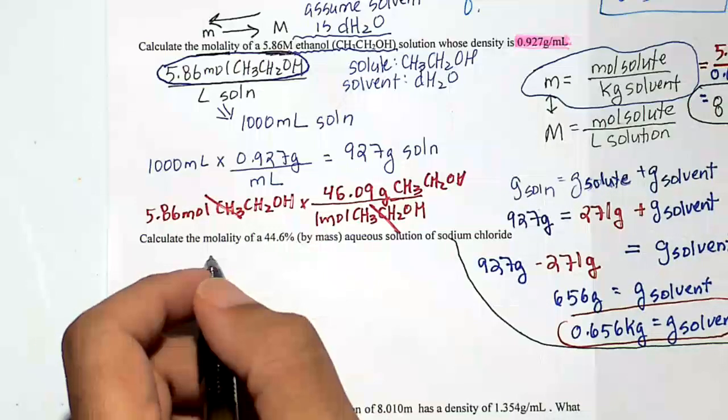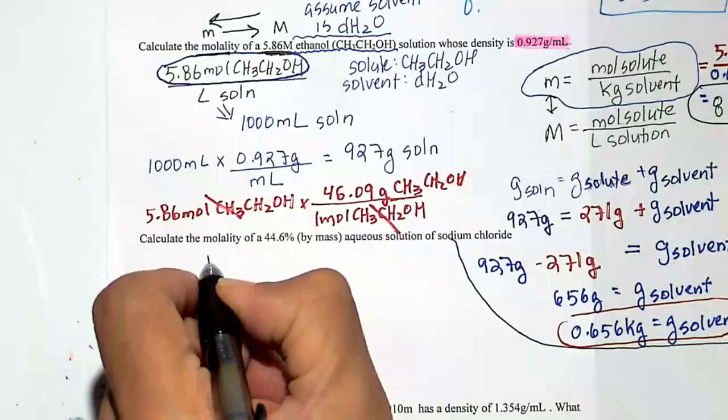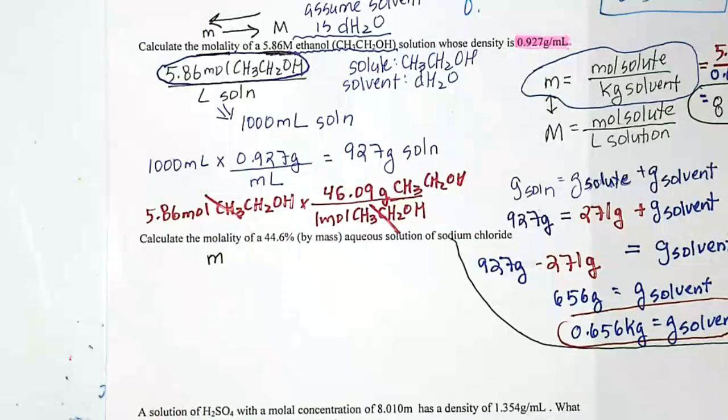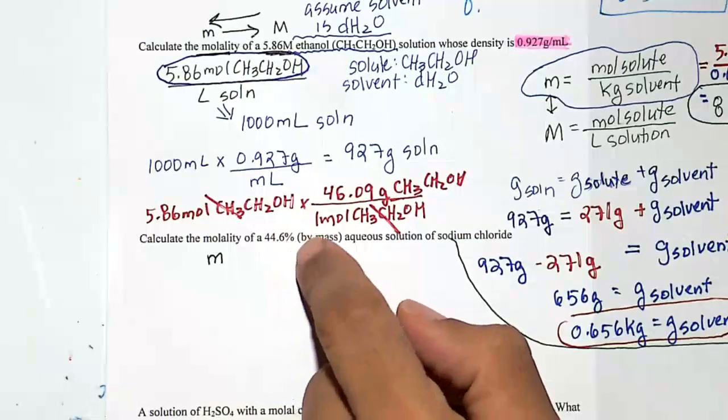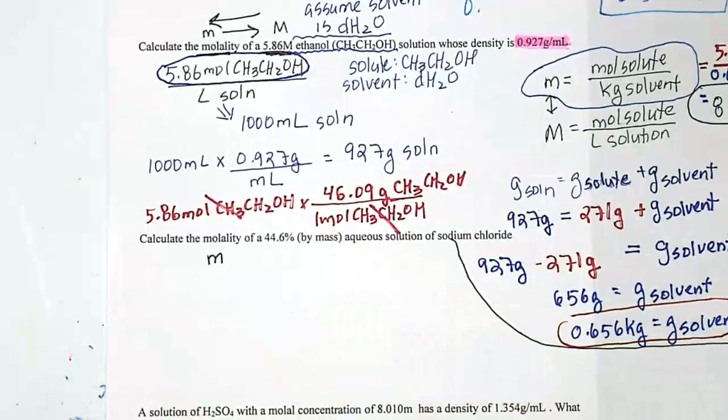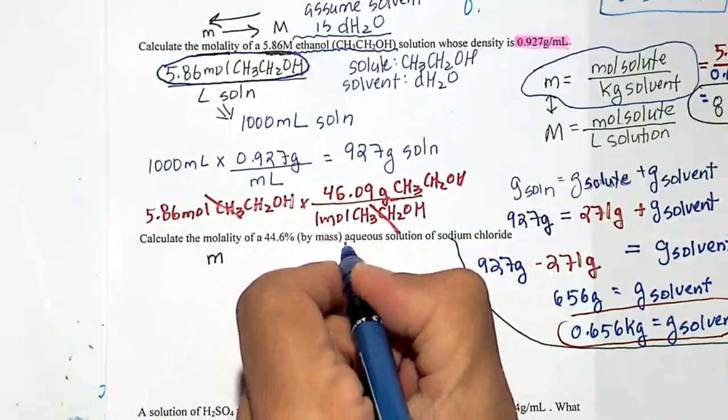All right, let's do one more problem here. Calculate the molality. So what do we know about molality? What are its units? That's correct. Moles of solute over kilograms of solvent. It's 44.6 mass percent aqueous. So here the solvent is clear to us.